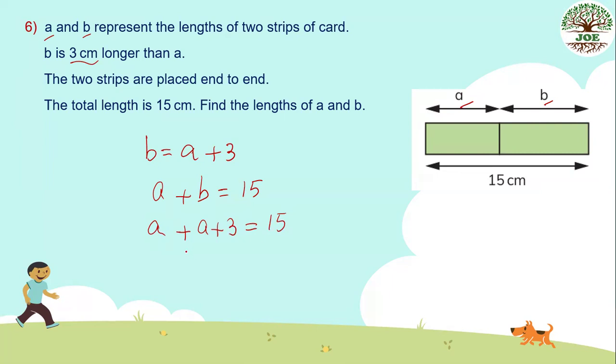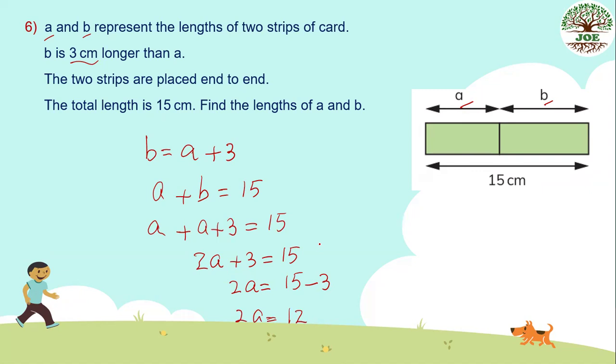So 2A plus 3 is 15. 2A is 15 minus 3. If we remove 3 from both sides, 2A is 15 minus 3, which is 12.